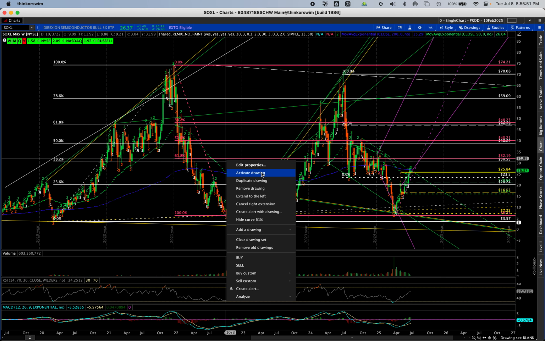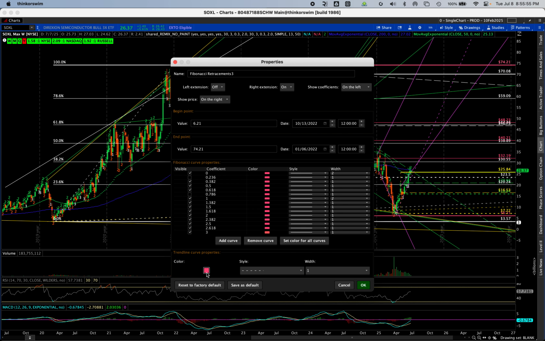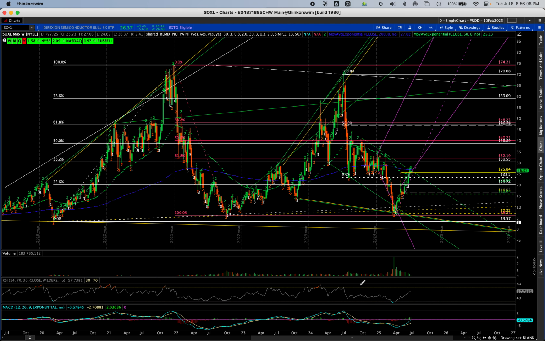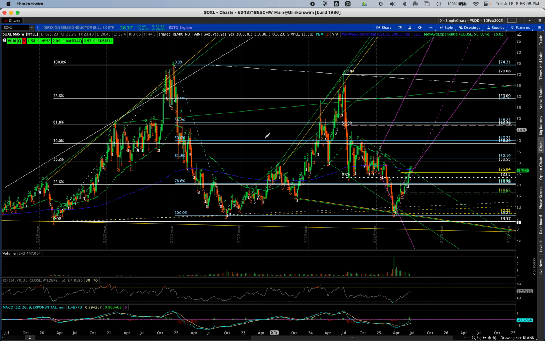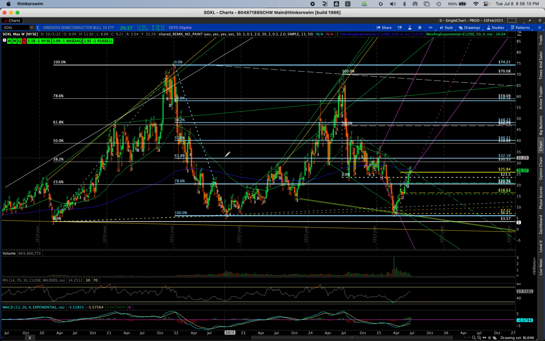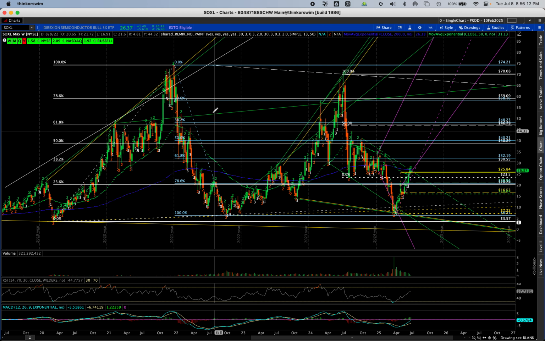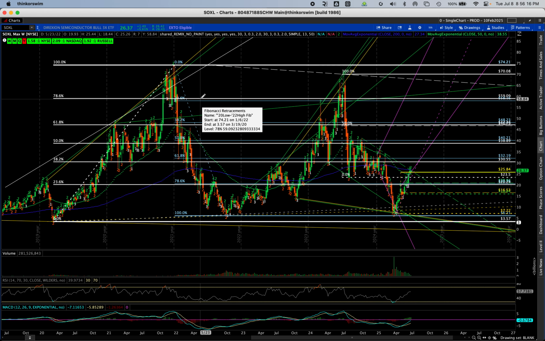Edit. And we'll give it this light color. And there you go. You can see how pretty much all of them line up. And what that does is it just bolsters the fibs, right?